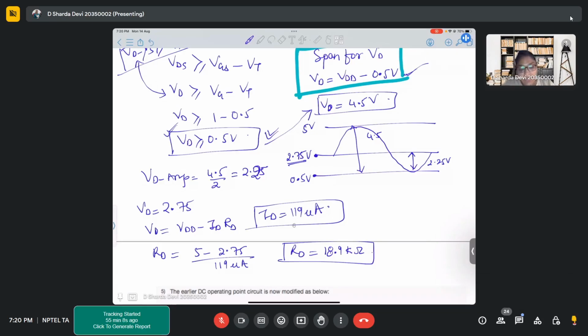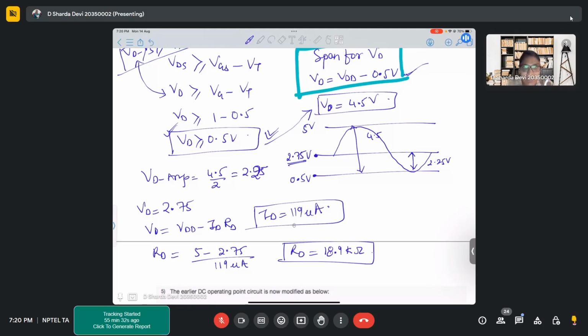Now, when you can have any value beyond 0.5, how high can you go with your VD? Until 5, right? So from 0.5 to 5, what is the span that you get? It is VDD minus 0.5, 4.5 volts.